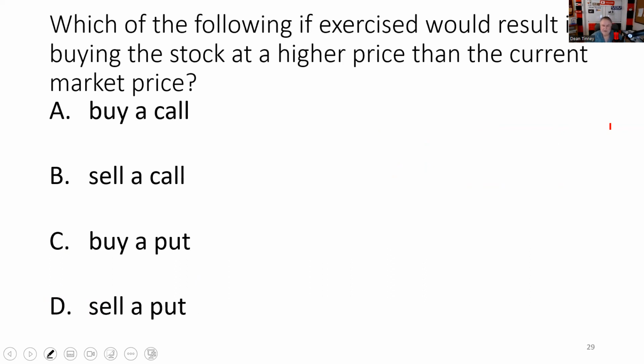Which of the following, if exercised, would result in buying the stock? So this is a choice to buy the stock, and this is an obligation to buy the stock. So it's either this one or this one. Buy the stock at a higher price than the current market price?